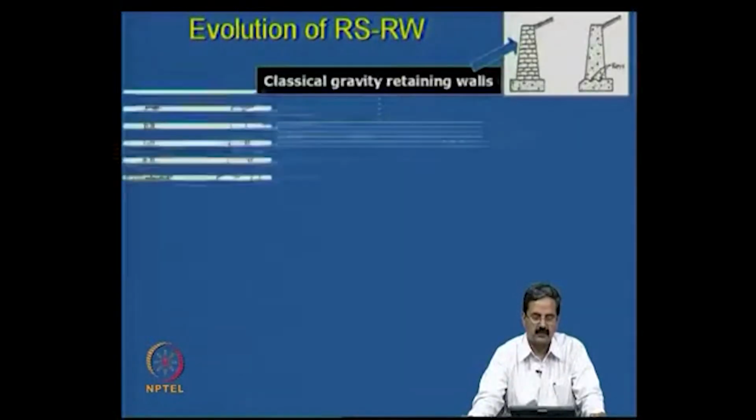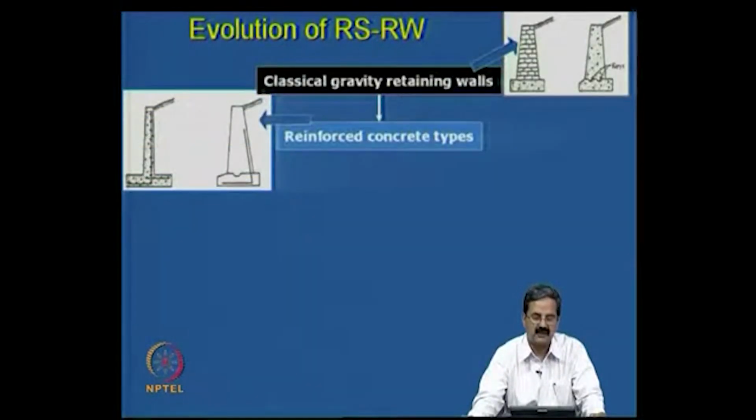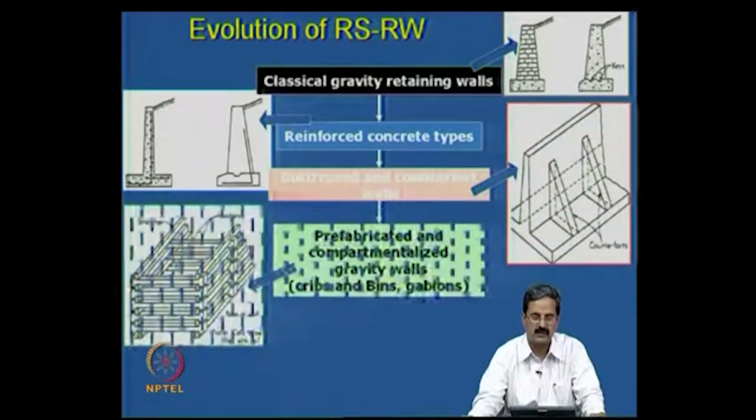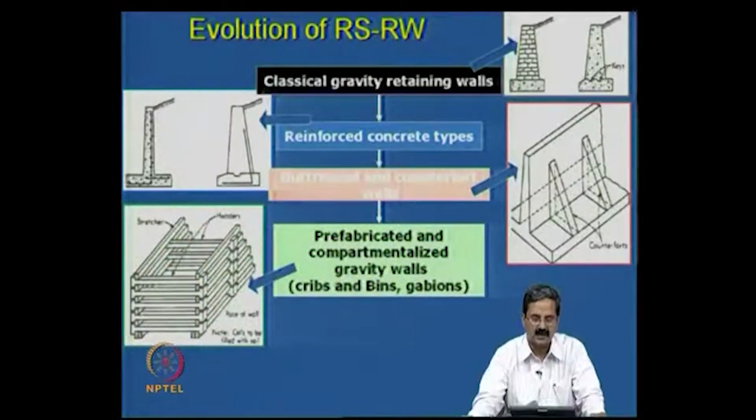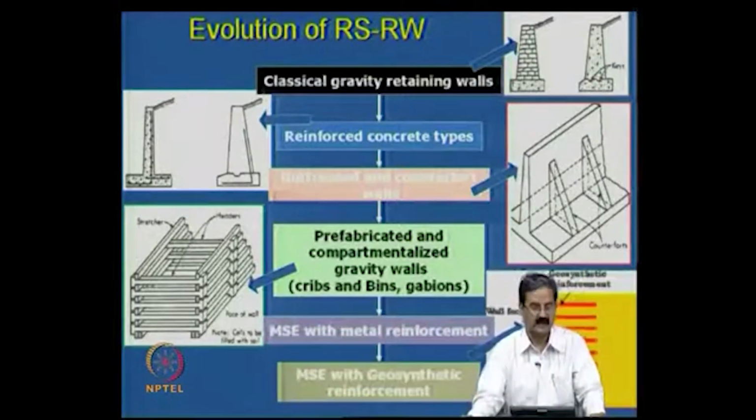The way that reinforced soil evolved, we have already seen, and its application to reinforced soil walls or retaining walls is something very unique. This is the one that we had in classical retaining walls, for example the gravity retaining walls, in which the weight of the soil exerts some lateral pressure, and by the weight of the retaining structure alone, you try to resist the horizontal force.